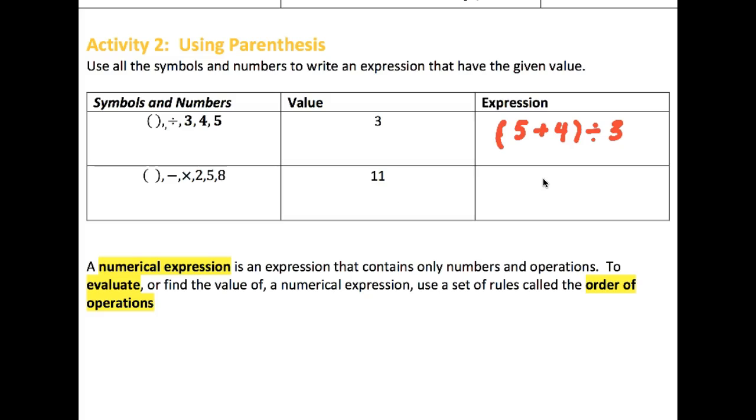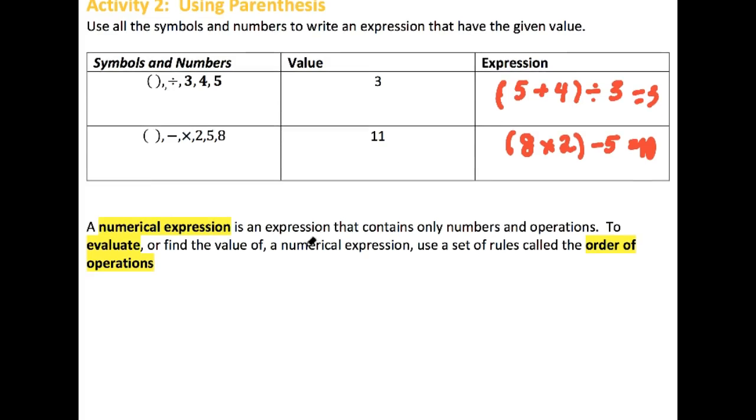So what I came up with, in parentheses, I took 8 times 2. 8 times 2 is 16. And then 16 minus 5 gave me 11. Sorry, and then this one up here I can go ahead and write 3 in. So we have the answer. So those values checked out.